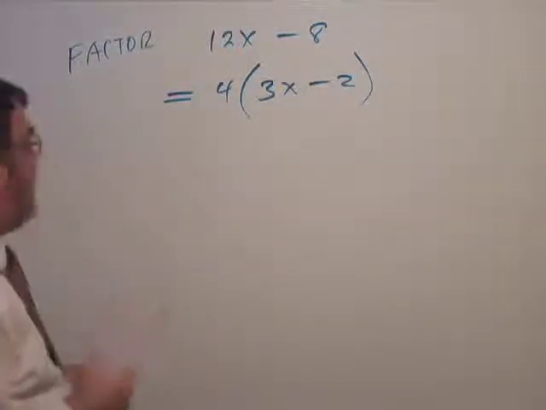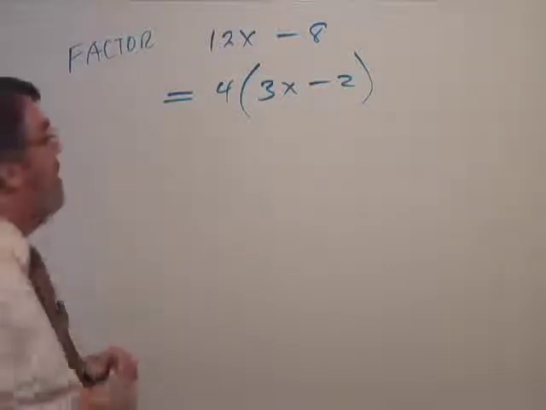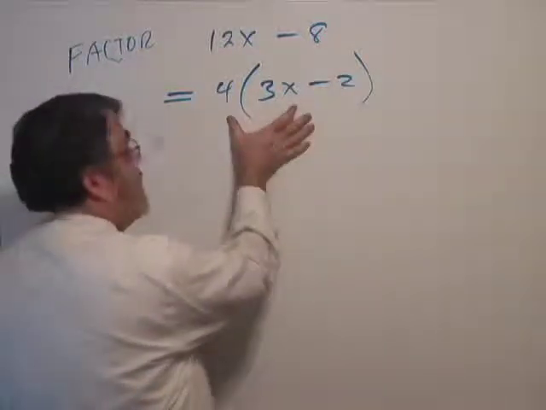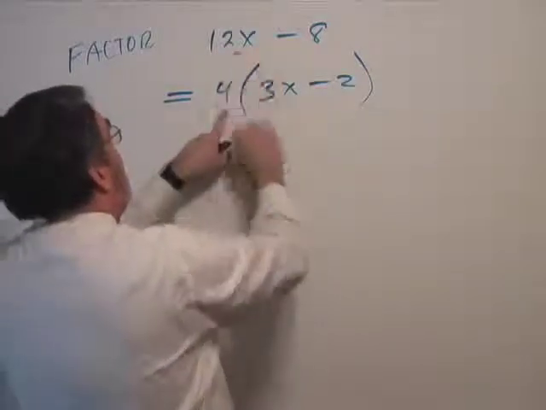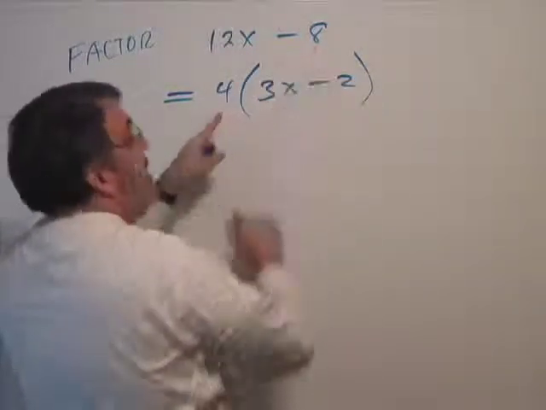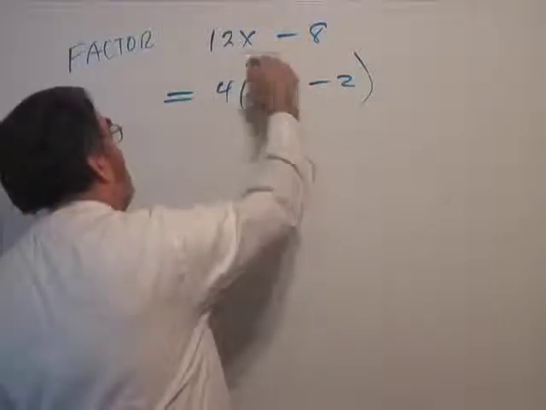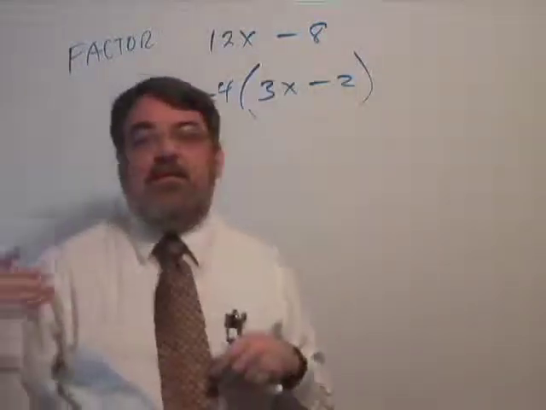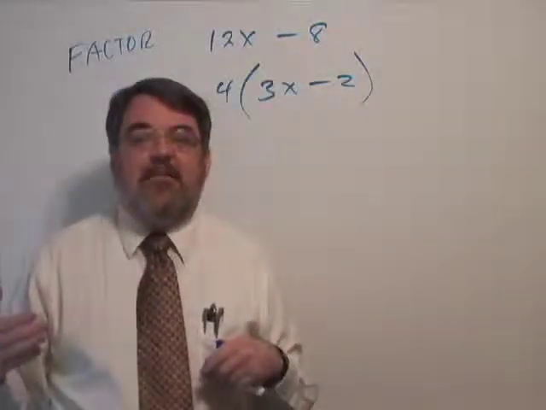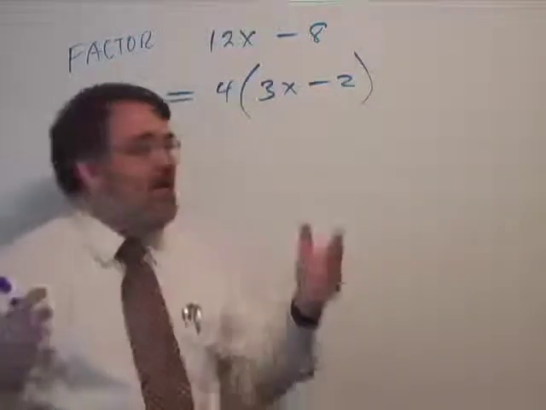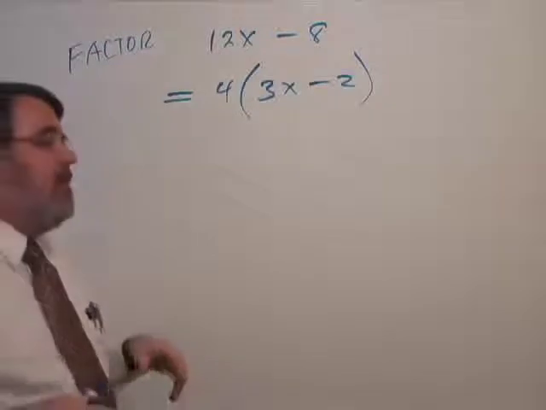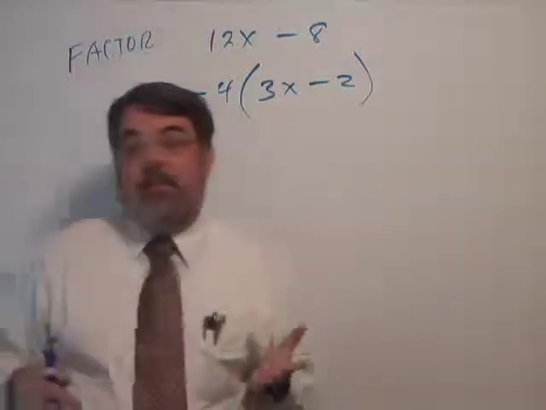I hope you notice that it's very easy to check this, and we do that by multiplying it back. 4 times 3x is 12x, 4 times minus 2 is minus 8. In other words, if we use the distributive law, we're basically taking the parentheses out and going back to the beginning.